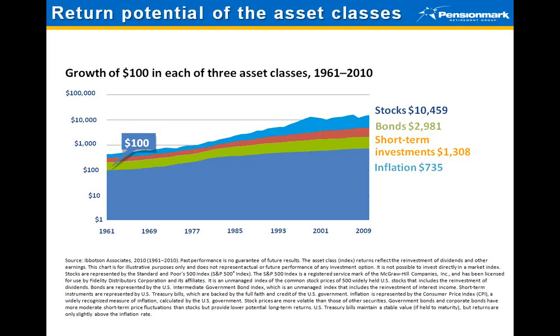So $100 invested back in 1961. Let's take a look through 2010, through some very volatile market times, the potential growth. You see there, had you invested in stocks over the last 50 years, your $100 would be worth $10,459. Nice return. But if you can see that mountain chart on the top, you do see some peaks and valleys.